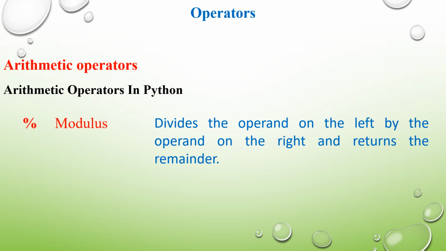The next arithmetic operator is percentage, that is modulus. This divides the operand on the left by the operand on the right and returns the remainder, whereas slash returns a quotient, and the percentage symbol returns a remainder.